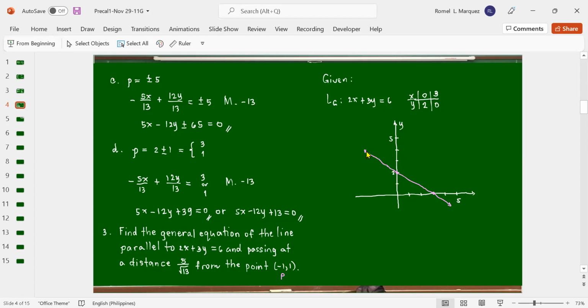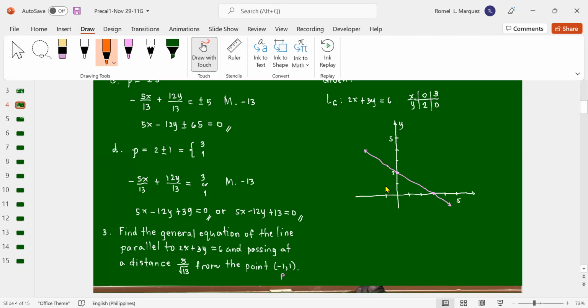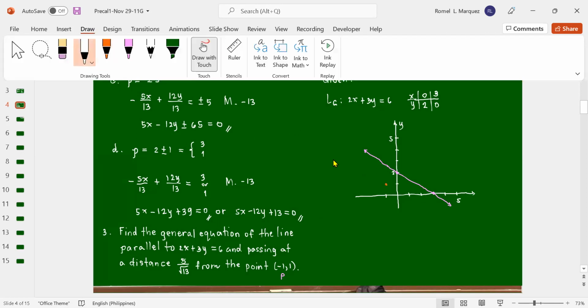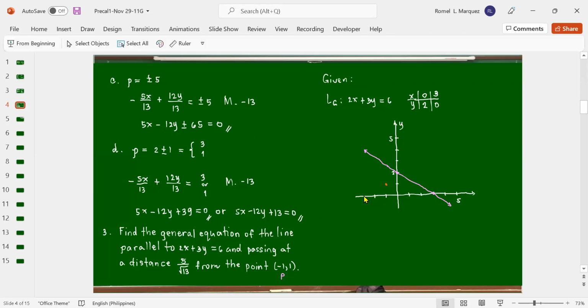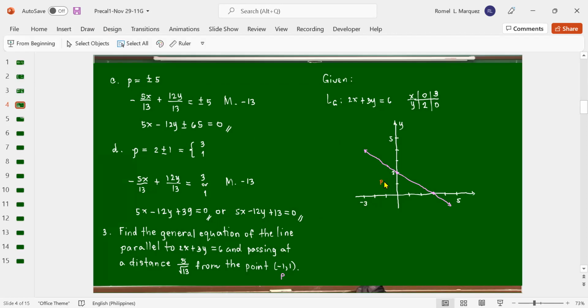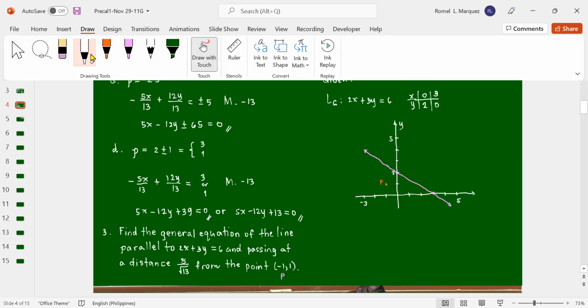Okay, children? What about the required lines? Let's see how many are possible. So there is a point, negative 1, 1. So this is negative 1, 1, denoted by P. Now, how far is the required line from this point, children?